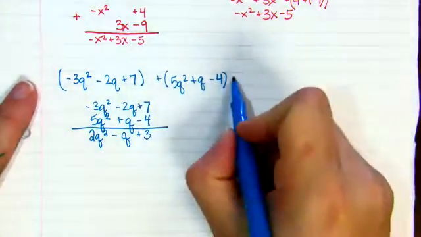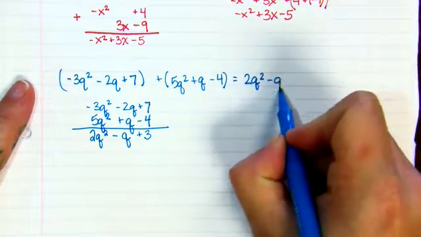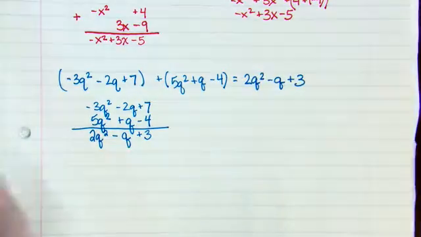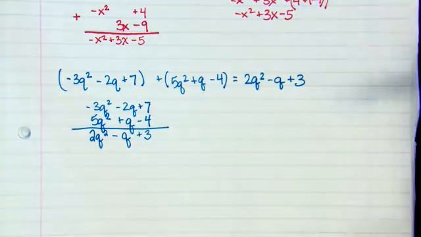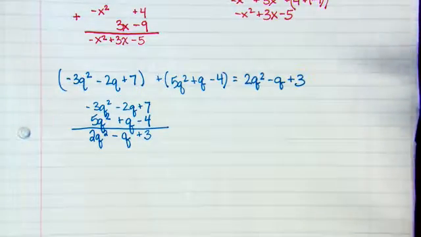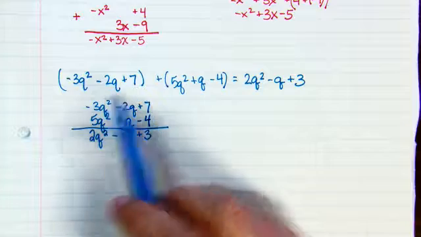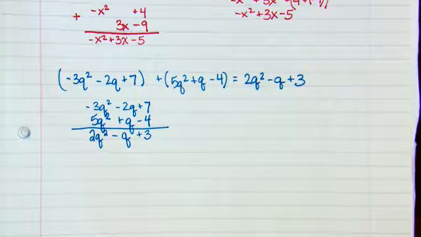So when I add these two polynomials together, I get 2q squared minus q plus 3. So again, it's really just combining like terms. It's very, very easy, but it's also very, very easy to make a mistake because we're going to have positive and negative numbers in there. So you just want to be really careful with those and make sure that you're not losing negatives anywhere.